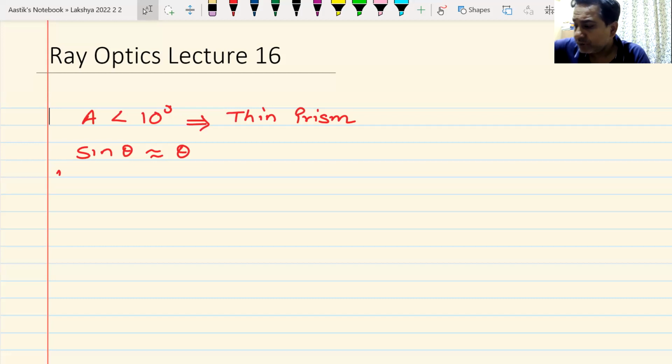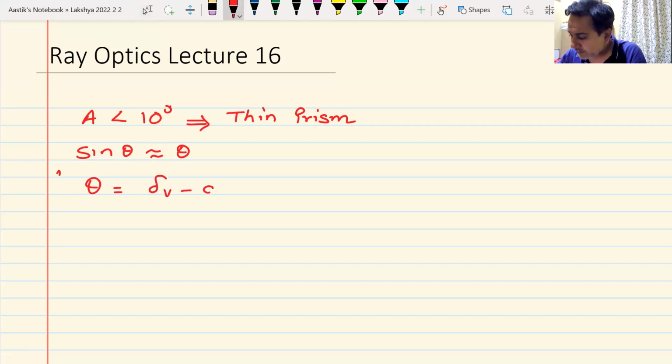What we have seen up till now is angular dispersion. Angular dispersion theta is nothing but delta V minus delta R, and if I put the values, I will get this formula: mu V minus mu R times A.